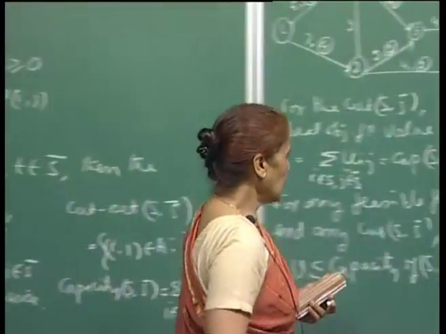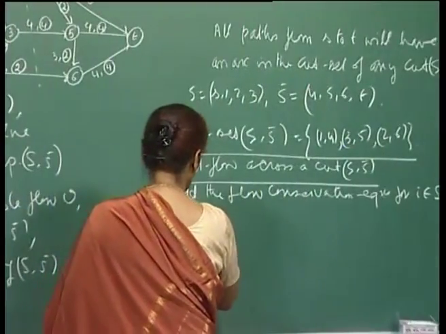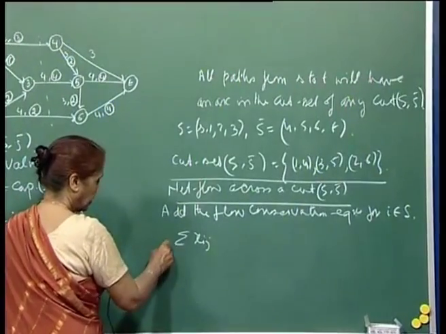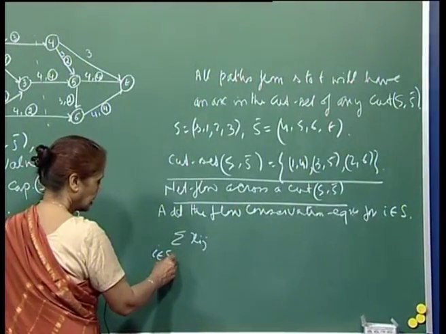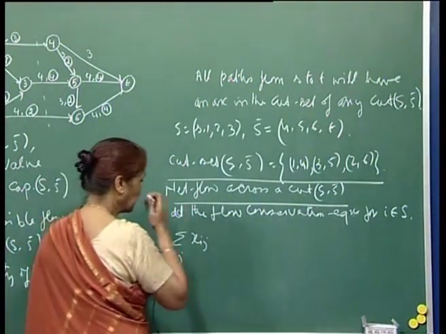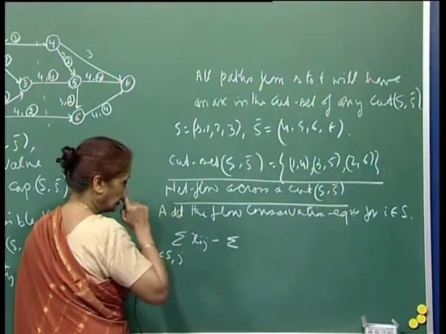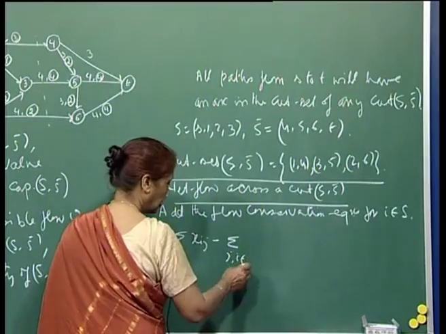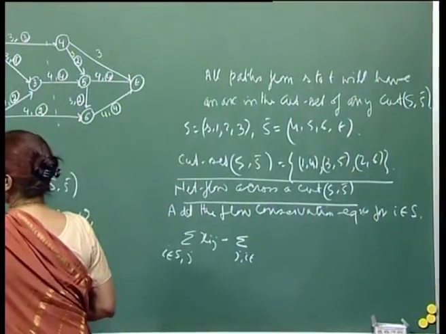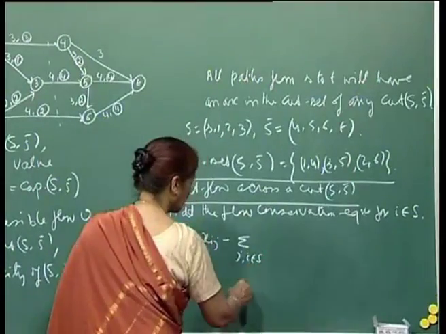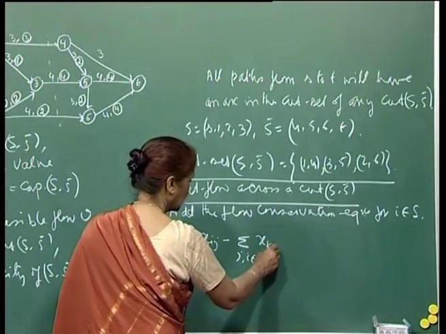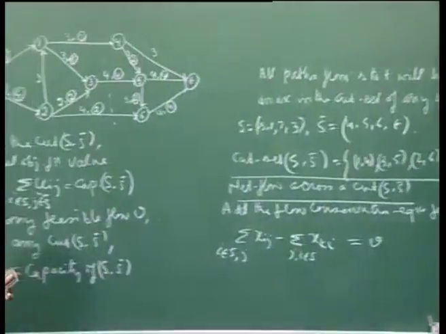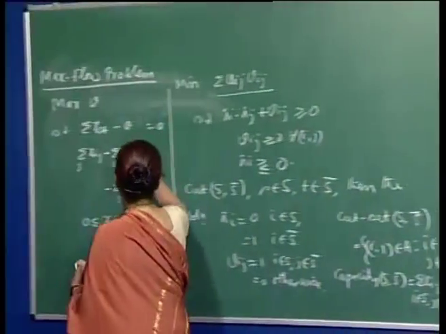So which means that I will get the equation summation x i j, I belonging to S, and j of course varies over the whole node set, minus summation over k, I belonging to S, of x k I, and this is equal to V, because the first constraint has this number V here.